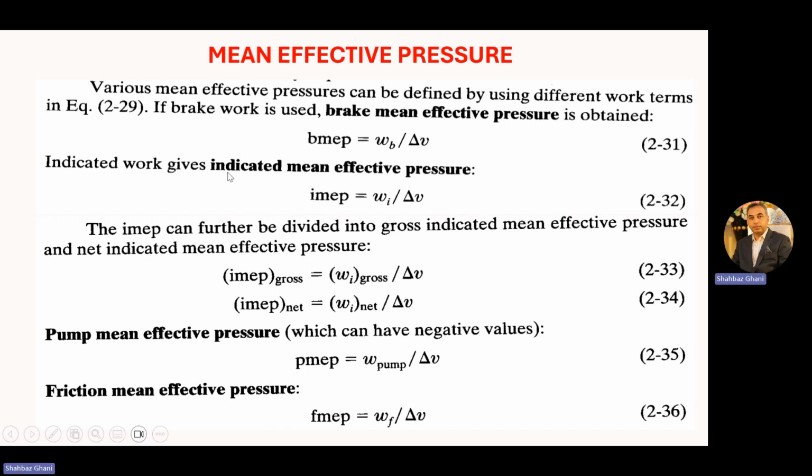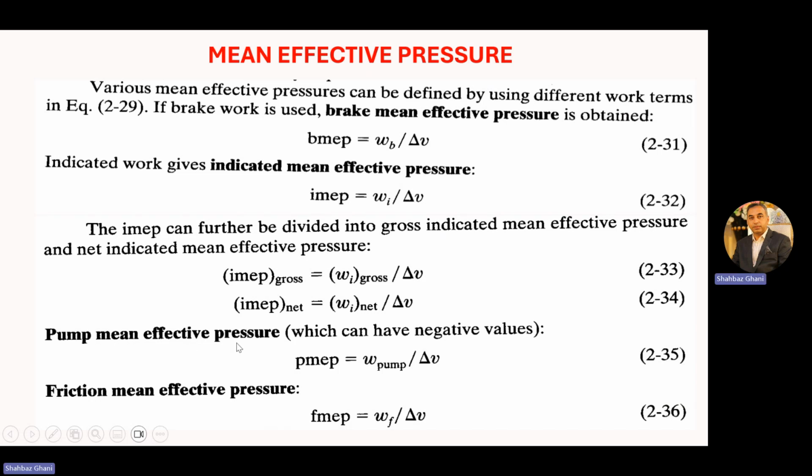Indicated work gives the indicated mean effective pressure, which is the specific indicated work divided by delta specific volume. The indicated mean effective pressure can be further divided into gross indicated mean effective pressure and net indicated mean effective pressure, using the terms gross and net as with the indicated specific work. Delta v remains the same.